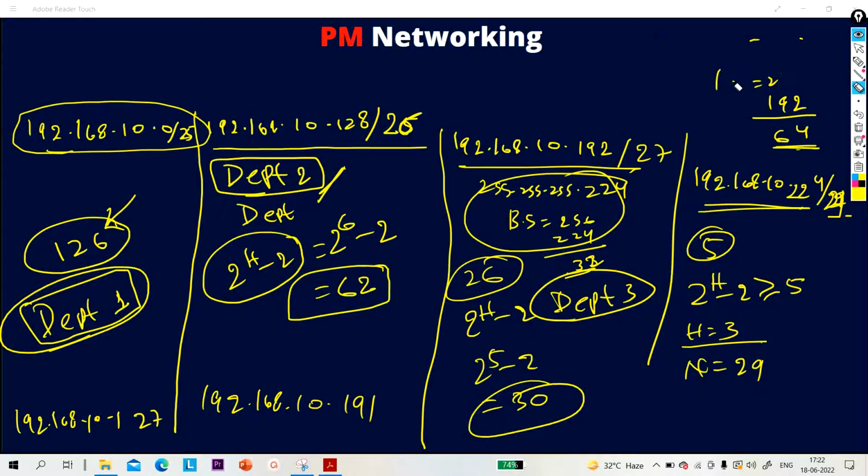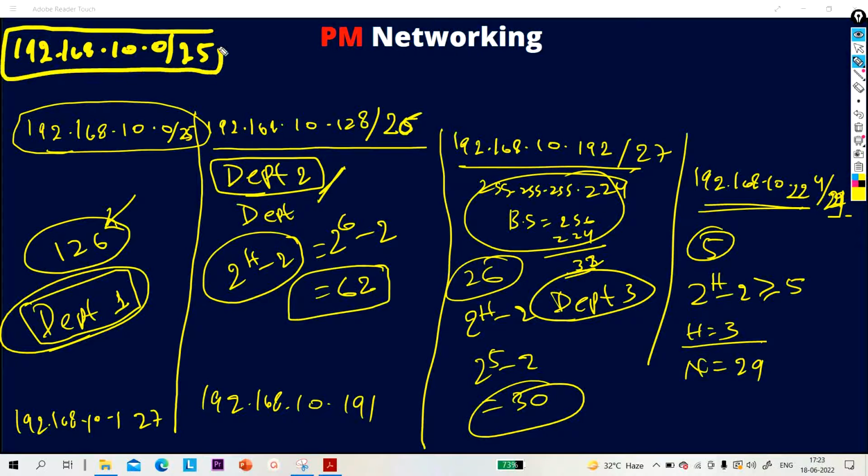So guys, now you can see how I will configure IP addresses in department 1, department 2, department 3, department 4. For department 1 my network ID is 192.168.10.0/25, right? This is for department 1. For department 2 my network is 192.168.10.128/26.